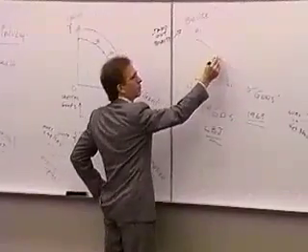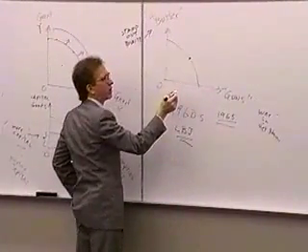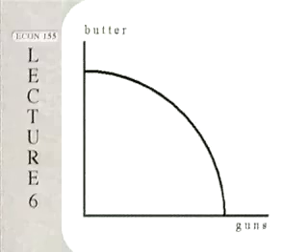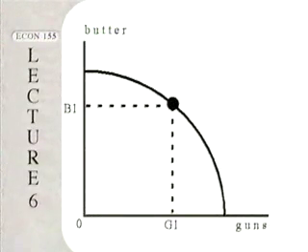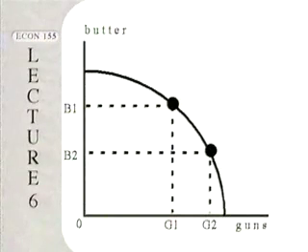Once you reach the production possibilities frontier, and let's say you've got G1 and B1 units of guns and butter. If you want some more guns, if you want to fight that war in Vietnam a little more vigorously, G2 units of guns now, the production possibilities frontier says, well, it will be necessary to get along with fewer or less butter, fewer of these domestic programs.